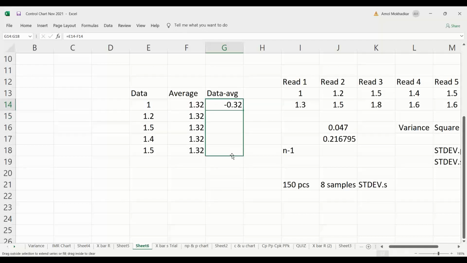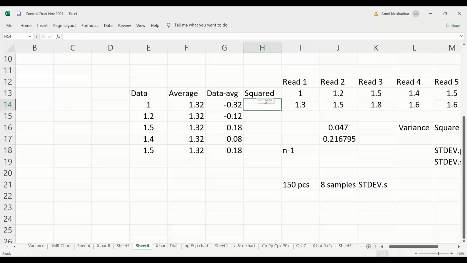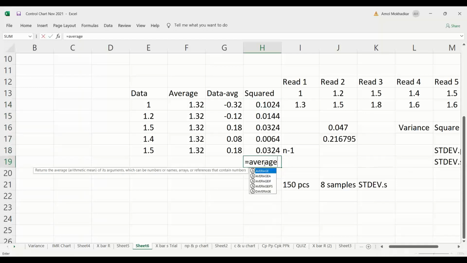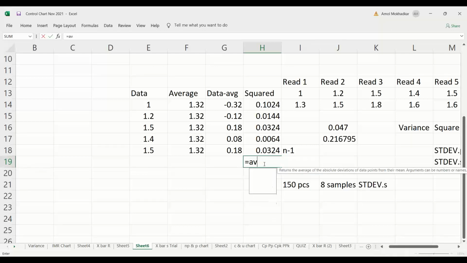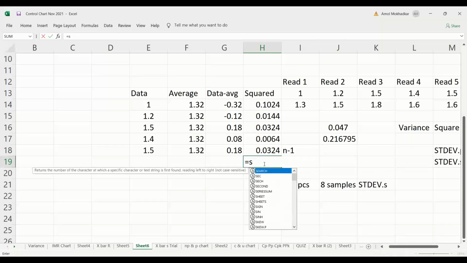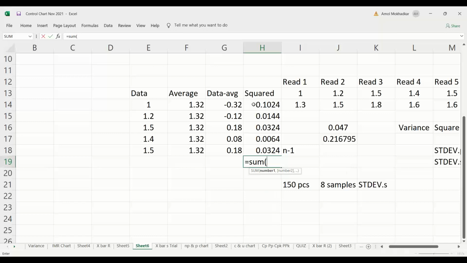These are the values, and then you need to make the square of the differences, so this into this. Now, what is the average of the square differences? For this you need to calculate the sum of the square differences. What is the sum of these differences?